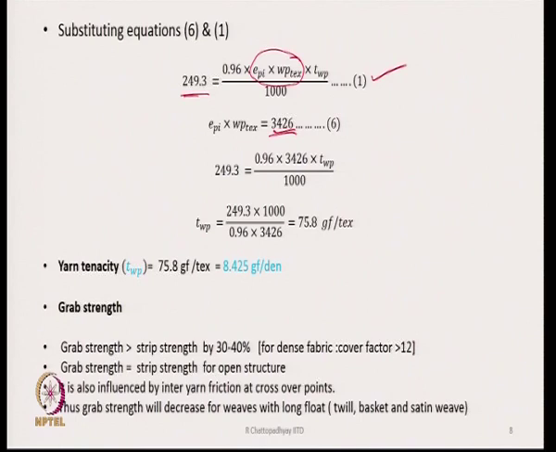Now, if we apply this value here, then I am left with TWP, that is the strength of the warp yarn or tenacity of the warp yarn. From there we can find out the tenacity of the warp yarn, and that gives you a value 75.8 gram force per tex, which in terms of denier will be 8.425 gram force per denier.